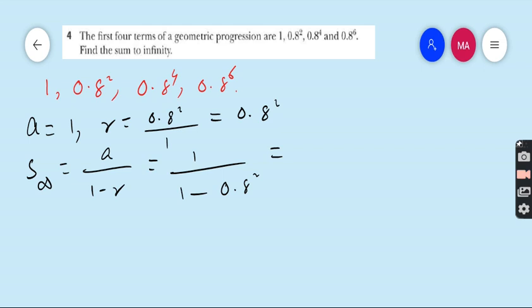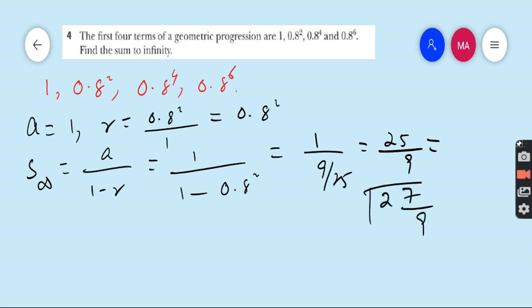So 1 upon 1 minus 0.8 squared is 25 upon 9, or you can write in terms of mixed numbers 2 whole 7 upon 9. So this is our final answer.